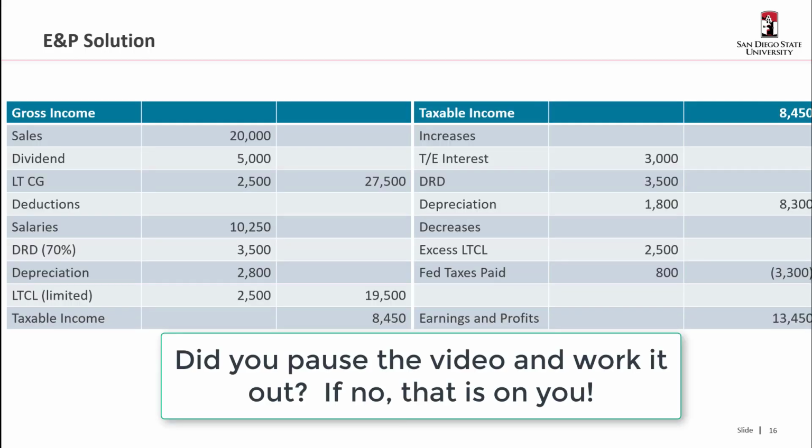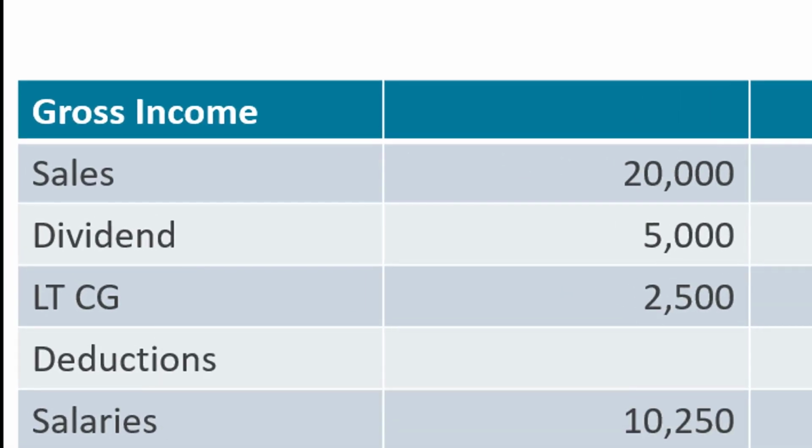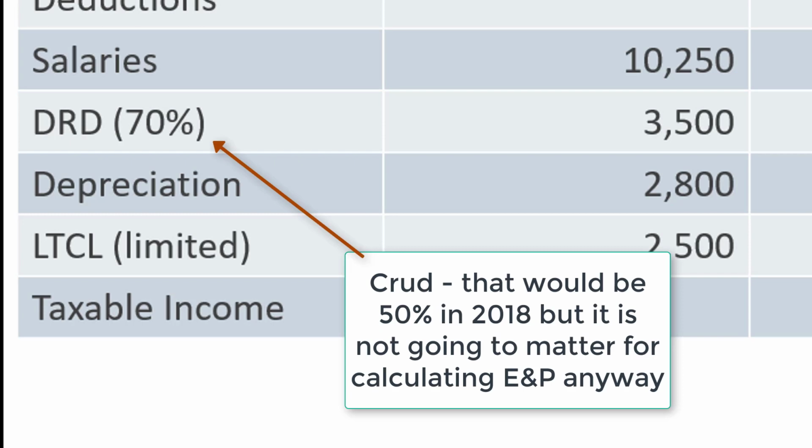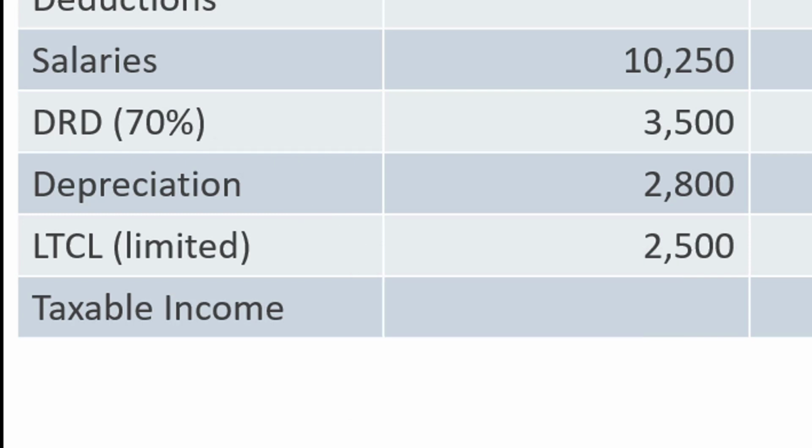So presumably you did it. Otherwise, welcome back. So first, let's calculate taxable income. We take the sales plus the dividend we received plus the long-term capital gain. That's all gross income. Then we would deduct out the salaries, the DRD at 70%, because presumably these are old rules. Wow, I should have updated this slide, because today would be at 65%.